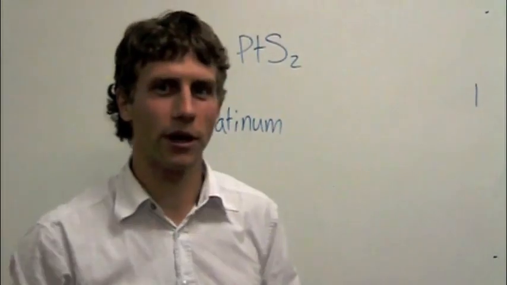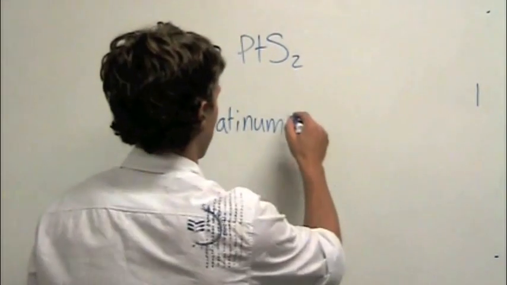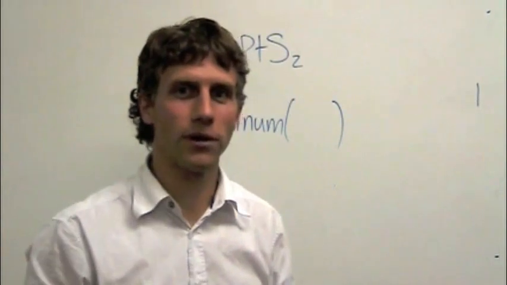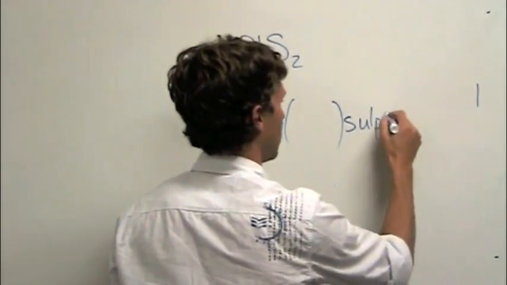But if you look at your periodic table, it can form 2 different ions, +4 and +2. So which one is it? For now, let's just put brackets. And S is sulfur, which becomes sulfide. And so we'll put that down.